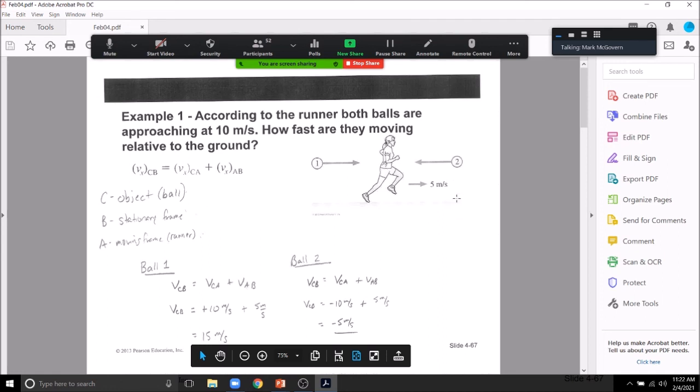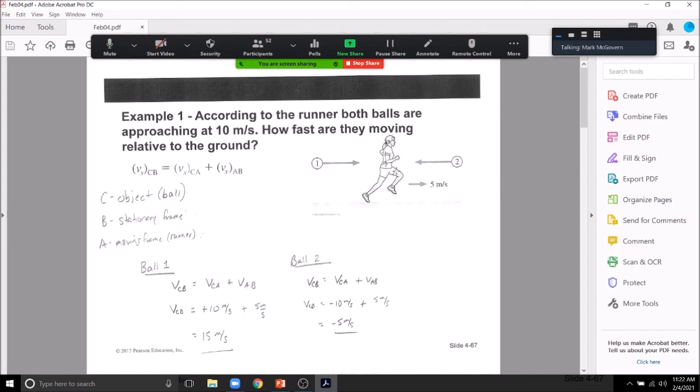Now ball 2 is moving toward the runner, so the runner is actually going to report that as a negative 10. So we'll put a negative 10 in here. Of course, the frame velocity is the same, 5. We add these up, we get a minus 5 meters per second. Now this makes sense because this ball is moving toward the person.